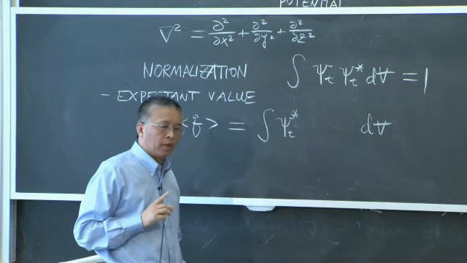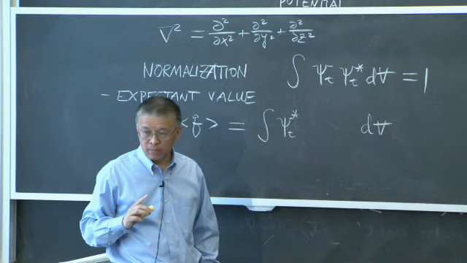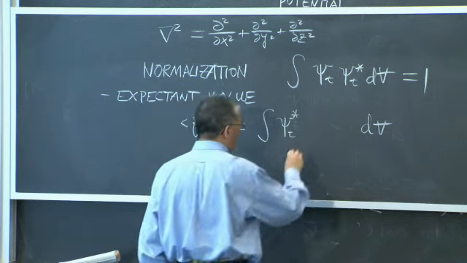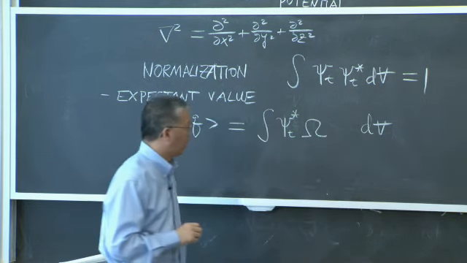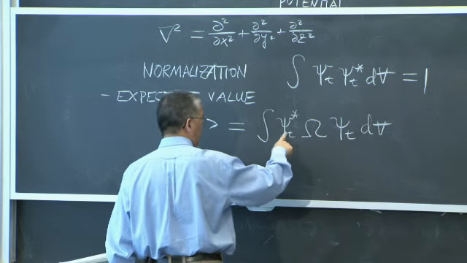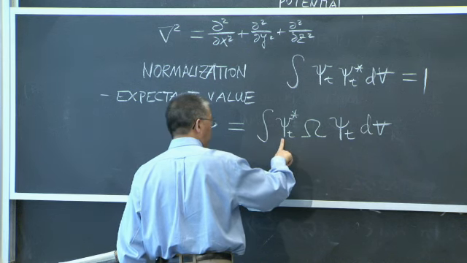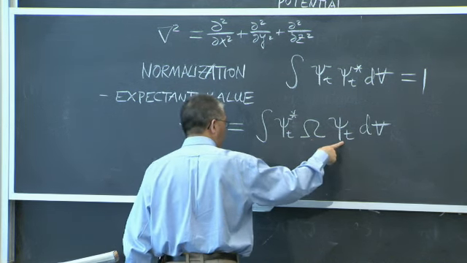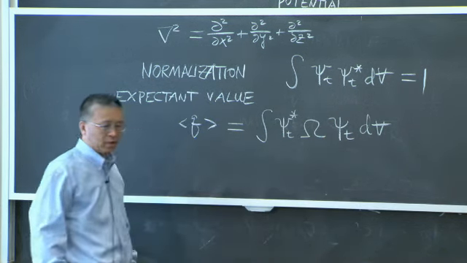And for that quantity, the normal representation is an operator. So this quantity in quantum mechanics is an operator. And so we have the operator operating on the wave function and times the complex conjugate.